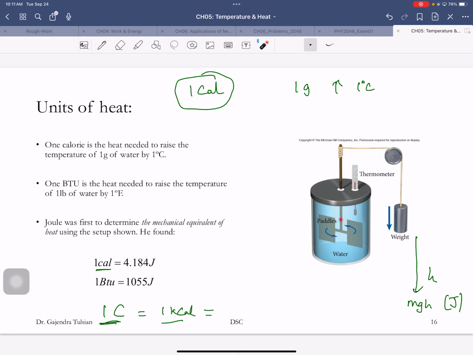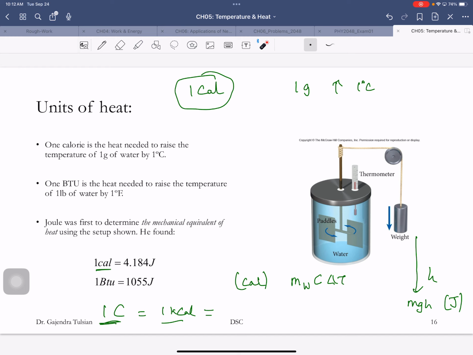When this paddle turns, the water warms up, and the amount of heat that went into the water, from the mass of the water, the specific heat of water, and the rise in temperature, can be calculated in calories. So when this weight lost this amount of energy, all that energy went into heating this water. So Mr. Joule could calculate this many joules got converted into this many calories. Okay? And that's how he found this.